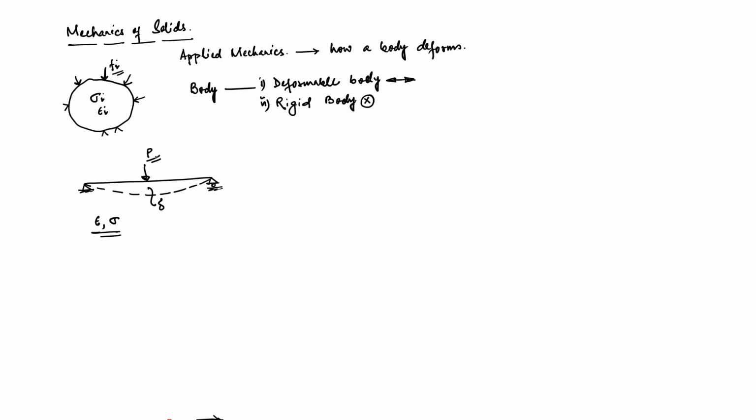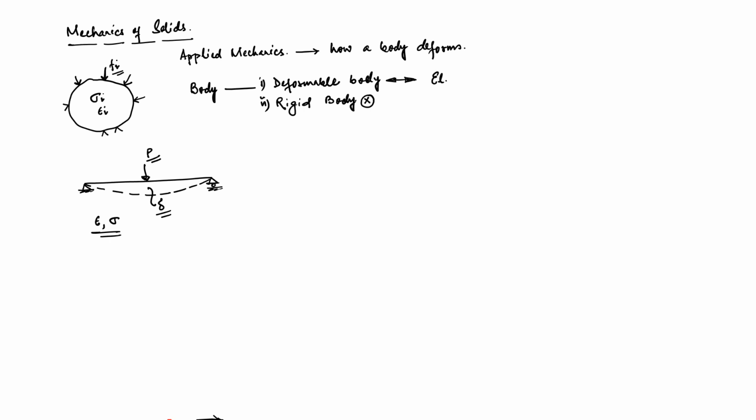Now, if we increase this load and keep on increasing, what will happen? At some point of time, the moment we apply this load, then there will be a permanent deformation. And after that, if we remove the load, this beam is not going to come back to its original position. So, if you look at that pattern of deformation and also the loading, then we can actually subgroup these deformable solids into two major classes.